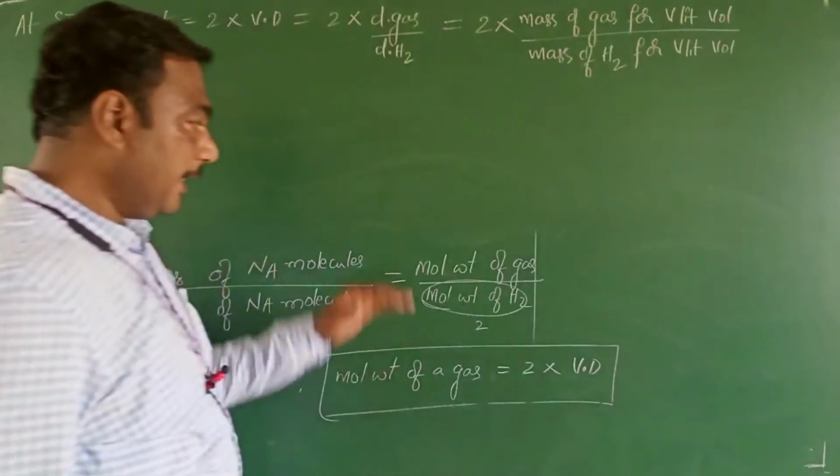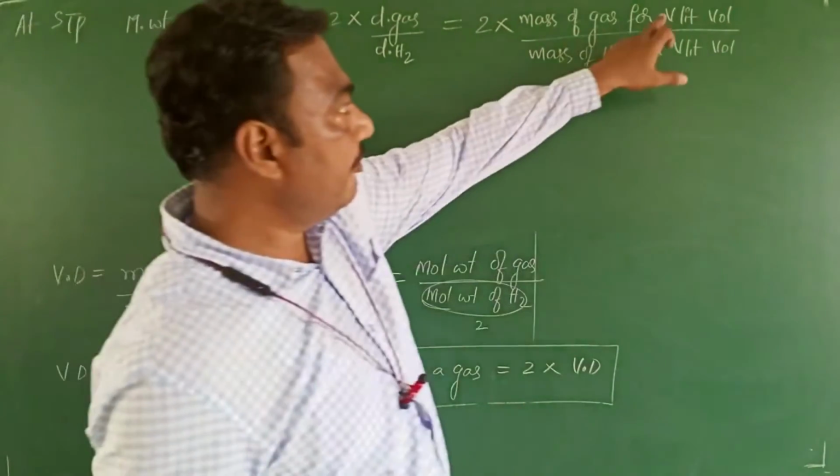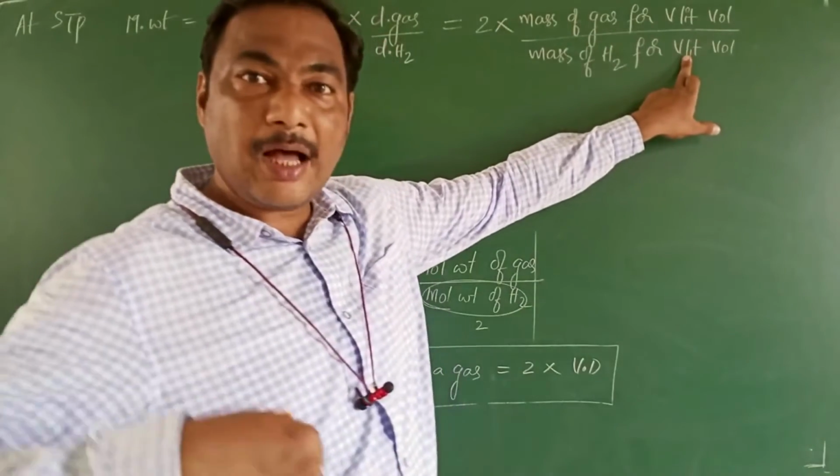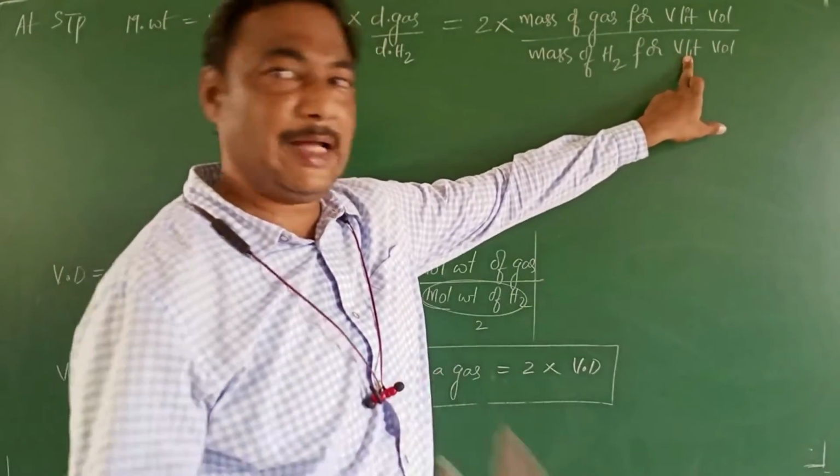While deriving, this V liter volume contains Avogadro number of molecules. That was our assumption.